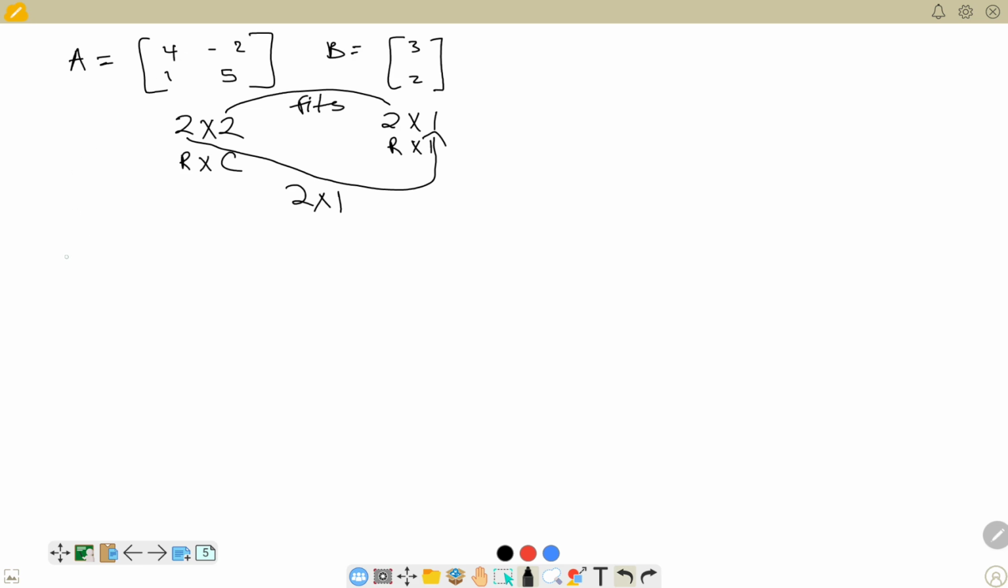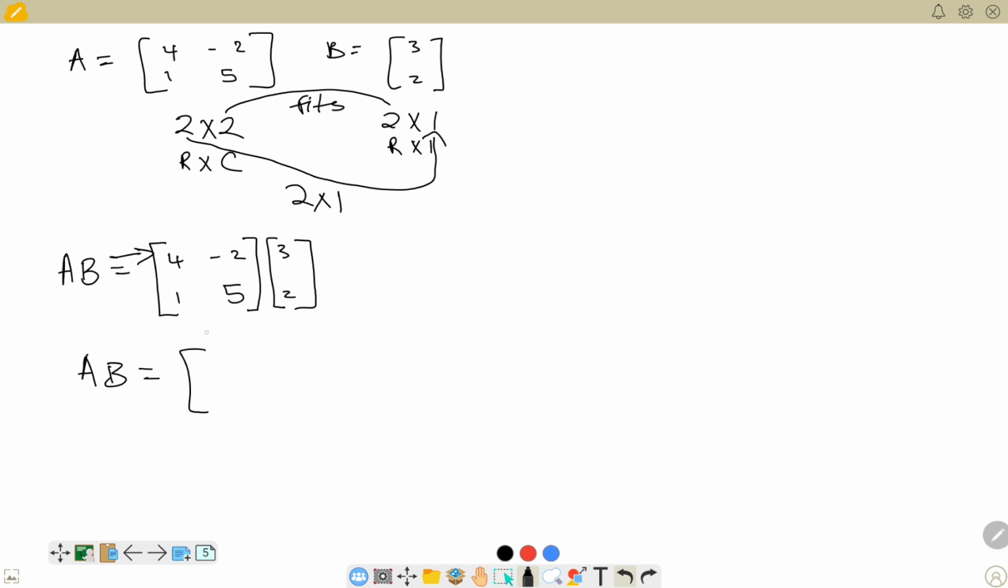So let's do it. If we have A times B, then we'll have 4 minus 2, 1, 5. Then we can place this here, 3 and 2. So we can see that we start with this row and multiply.